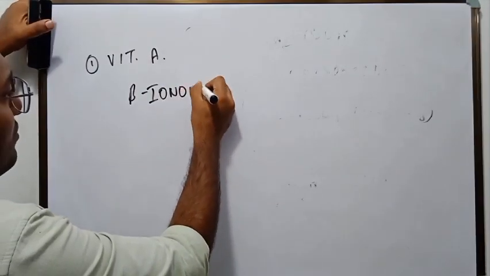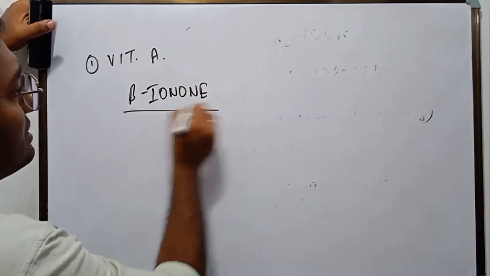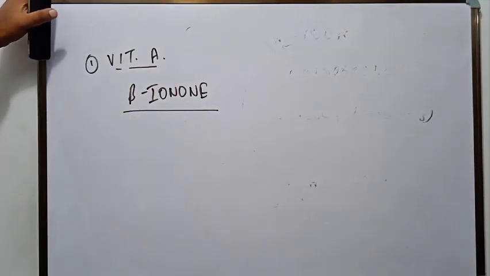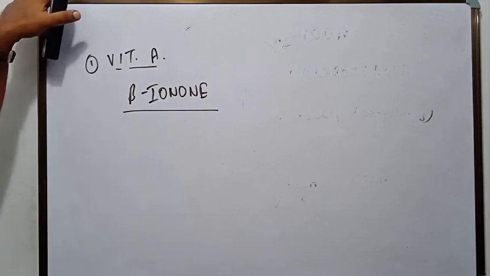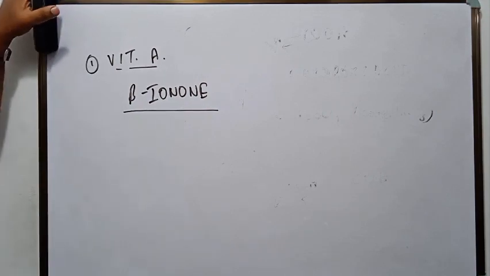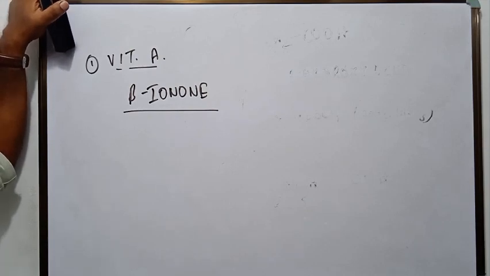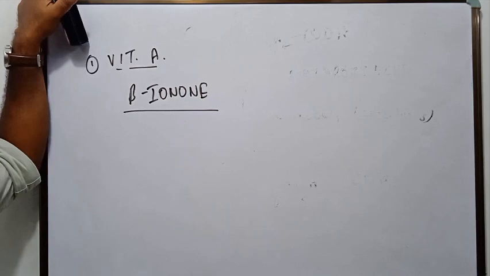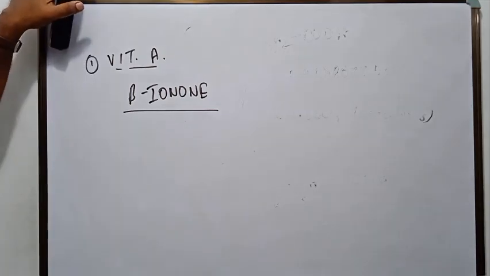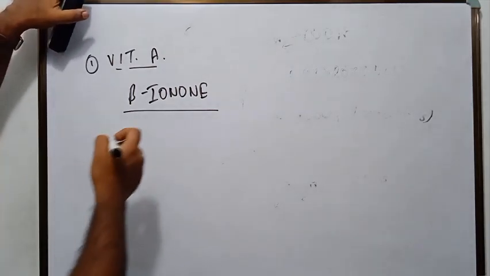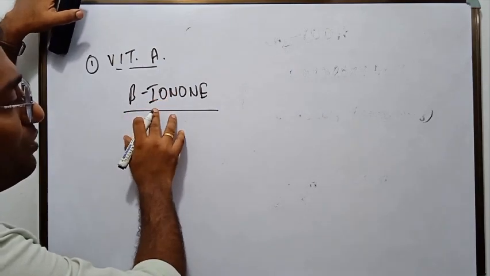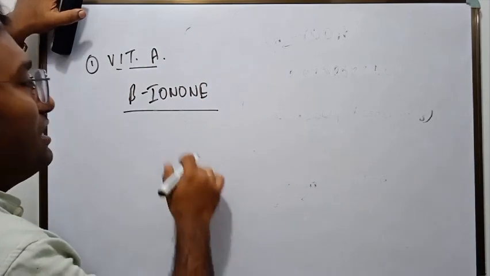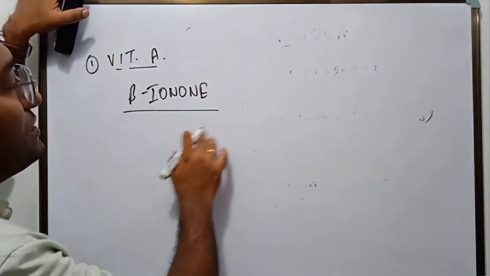From beta ionone, by doing the Reformatsky reaction, you can prepare vitamin A. Vitamin A is used as a supplement especially in cases of dim vision, xerophthalmia. It is used as a nutraceutical in improving immunity and giving good skin health. The precursor of it is beta ionone, and there are other steps also, one of which is the Reformatsky reaction.